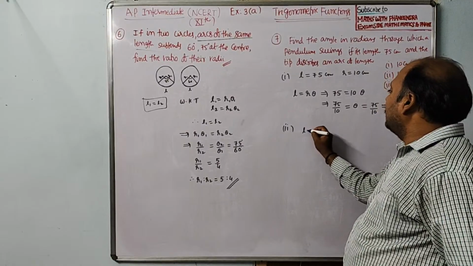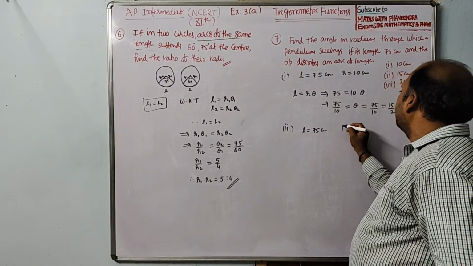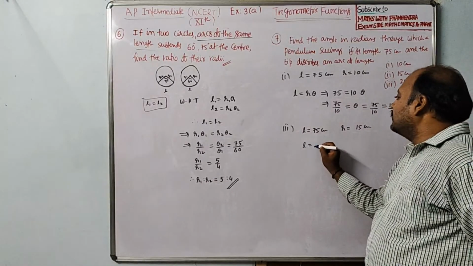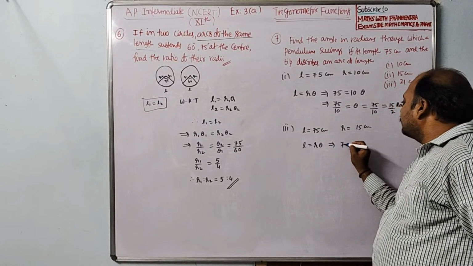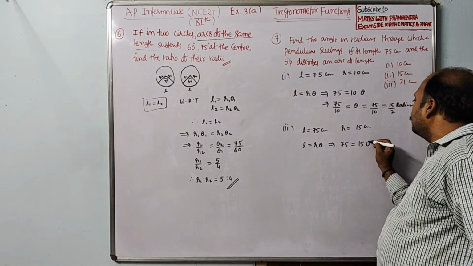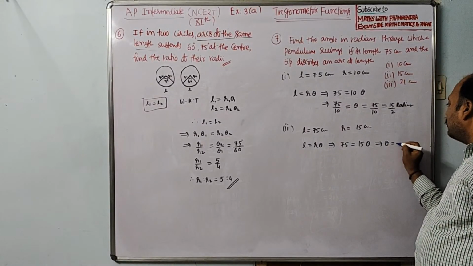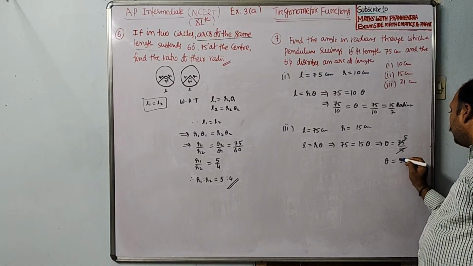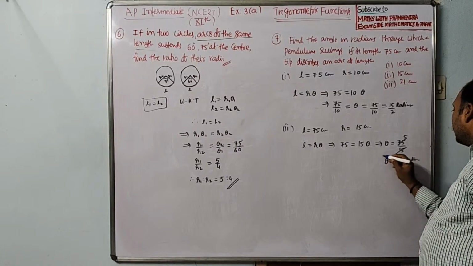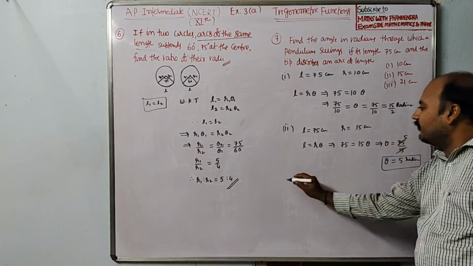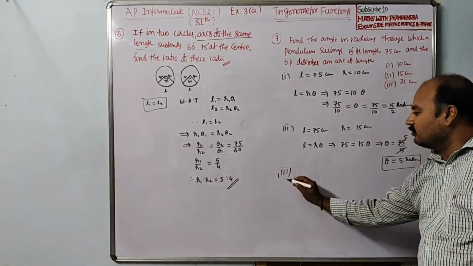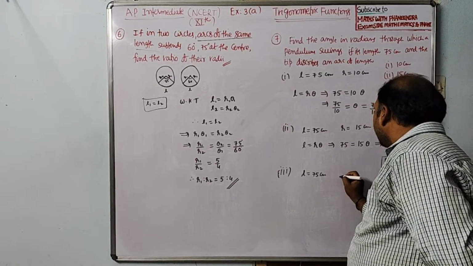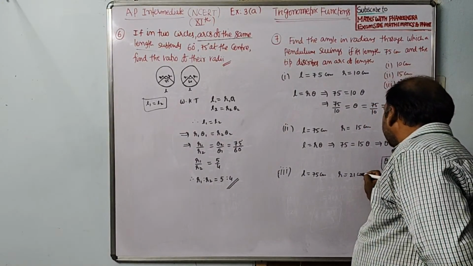Question number 2. In that L is equal to same 75 centimeters and R is equal to 15 centimeter. Therefore, L is equal to R theta. That implies 75 equal to 15 into theta, that implies theta equal to 75 by 15. 15 ones, 15 fives. So theta equal to 5 radians. In the third question, L is equal to 75 centimeter and R is equal to 21 centimeter.